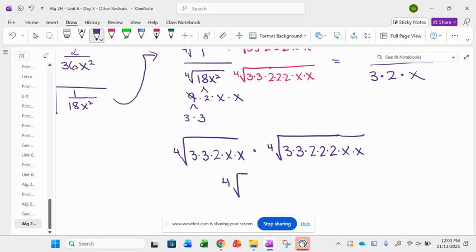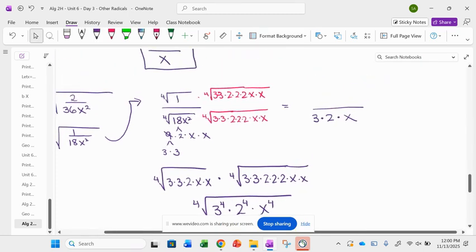So when we multiplied it together, we got 4 3s, 4 2s, and 4 x's. And if we're taking the fourth root of that, it all works out to come out 1 3 1 2 1 x.